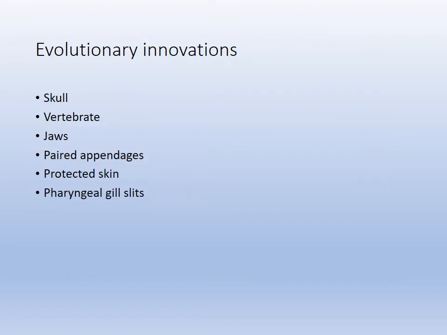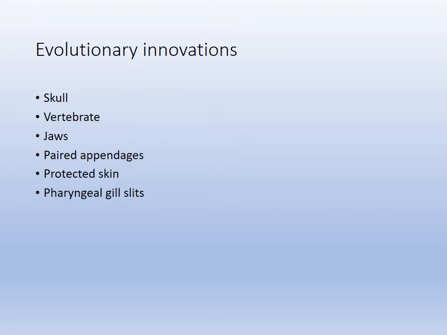Now, fish were the first organisms to develop skulls. The simplest fish only have skulls. The hagfish, cranium. Vertebrates also started to appear in the fish. In that jawless fish, the transition to a more complex jawless fish, the lamprey has vertebrae.